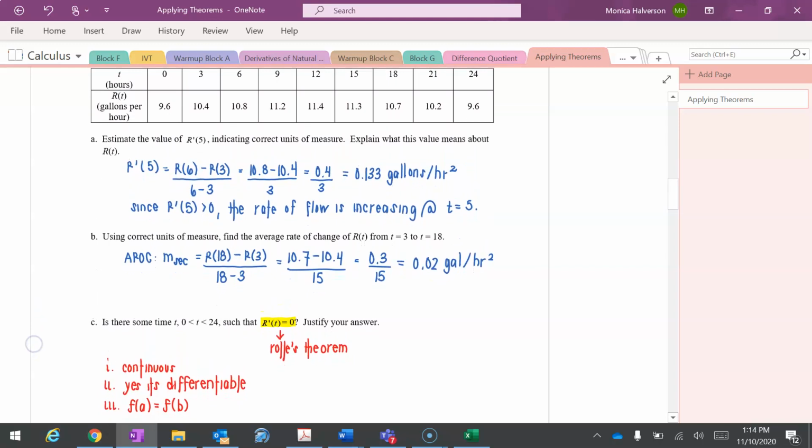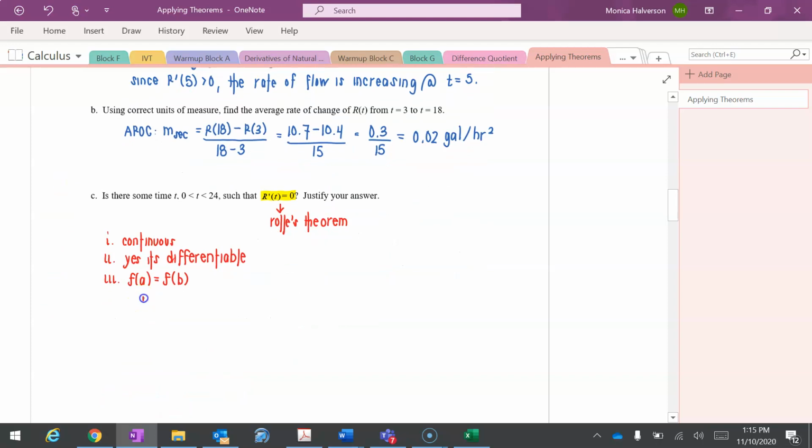So we're looking: are there any 2 values within the 0 to 24 range in which the values are the same? And what you notice is at time 0 and at time 24, we do have that. So you can say r of 0 equals r of 24, and they both equal 9.6.